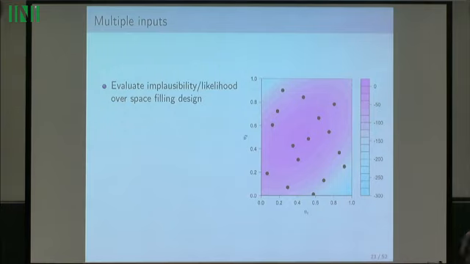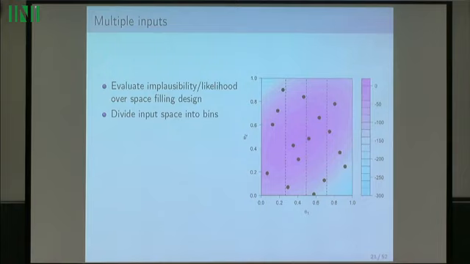If you're dealing with multiple inputs, let's say a 2-input problem, this is actually for the likelihood version, but it's the same idea if you're doing implausibility. You start with a set of runs over the input space and divide the space up into bins. So my first input is fixed in this region, and my second input is varying.